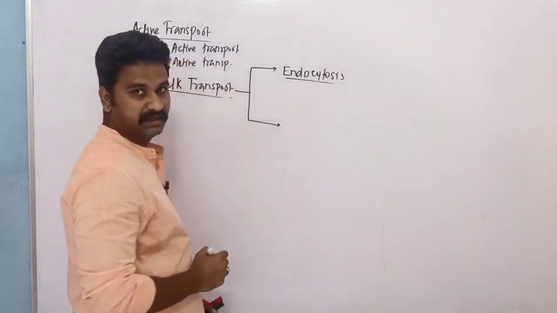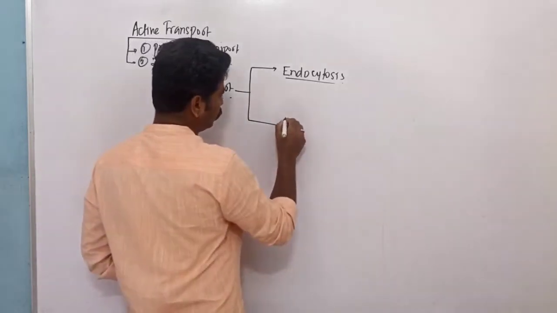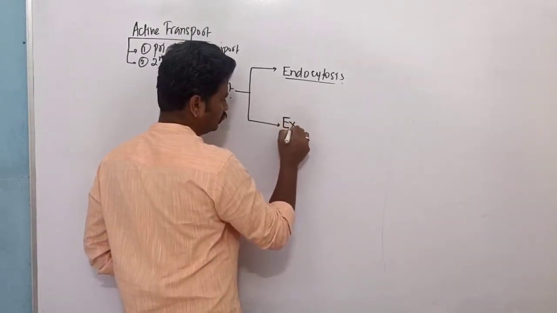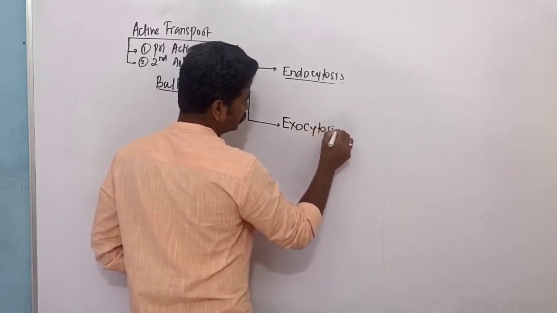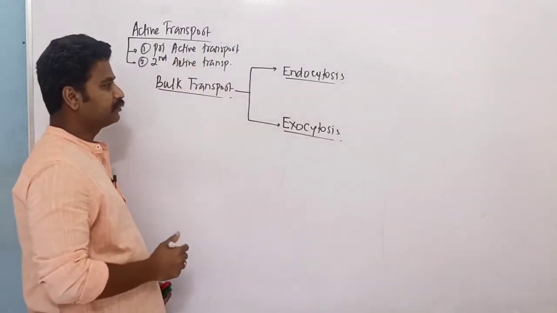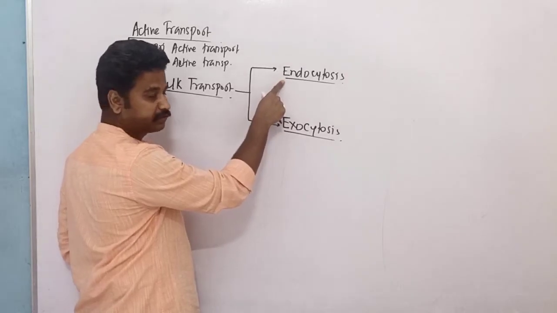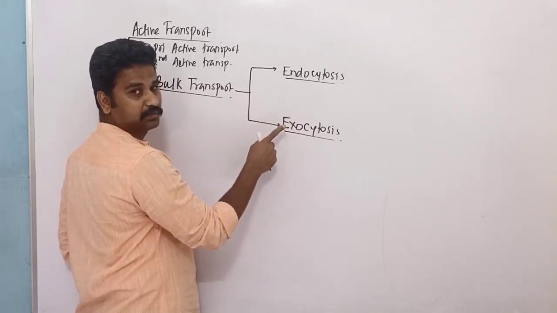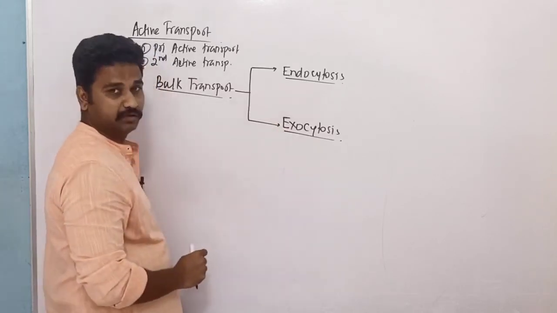And if the cell is transporting substances outside the cell, then the word for that is exo, meaning outside, cytosis. So under bulk transport, transporting substances inside the cell is called endocytosis, and transporting substances outside the cell is called exocytosis.